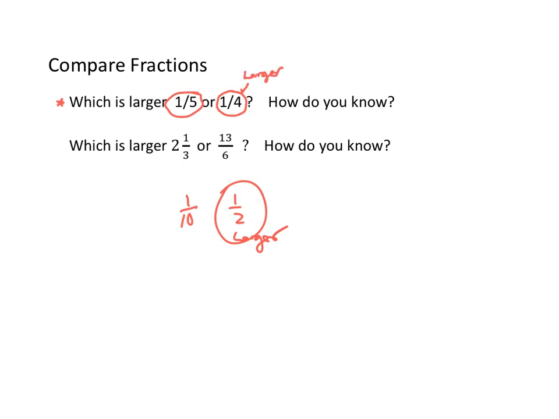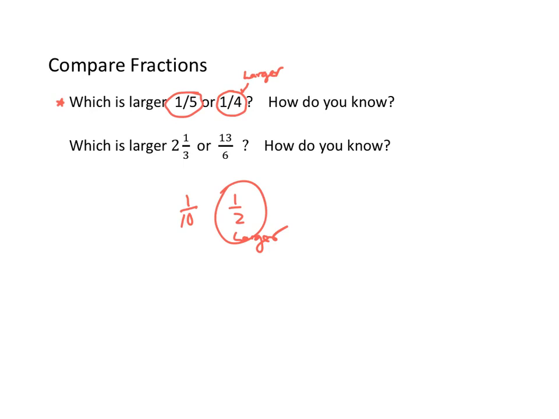Not because we did anything special to mathematically compare them. We're just visualizing. What does it look like if we cut a pizza into slices that big? Okay? Now, if you want to compare mathematically, then we would have to divide them up into the same type of slices.